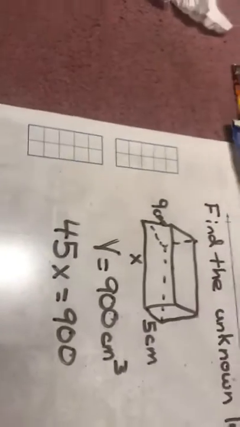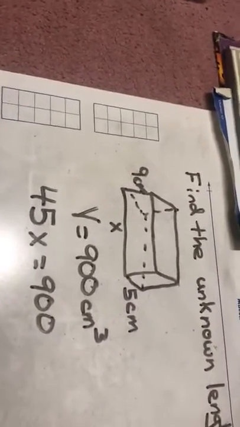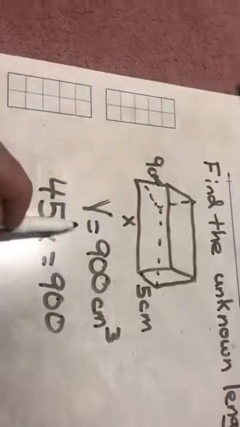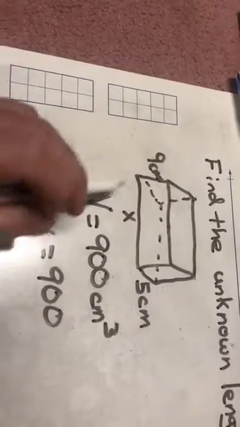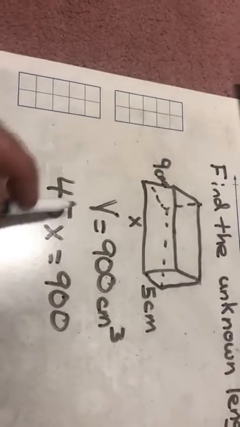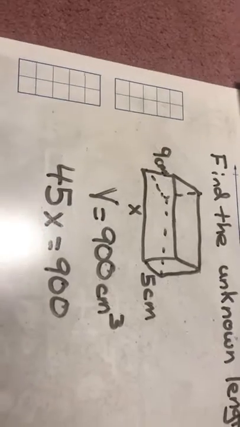Something like that should be familiar. Once again, let me repeat how I got there. The formula for volume of a rectangular prism is length times width times height equals the volume. So I take the two numbers that I know, 9 times 5, that equals 45. 45 times x has to equal what the volume is, 900.